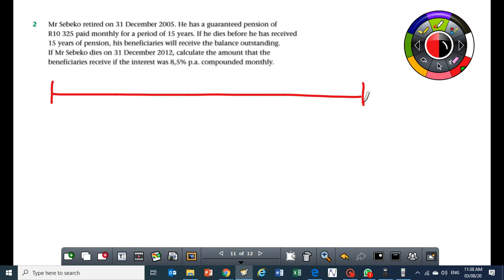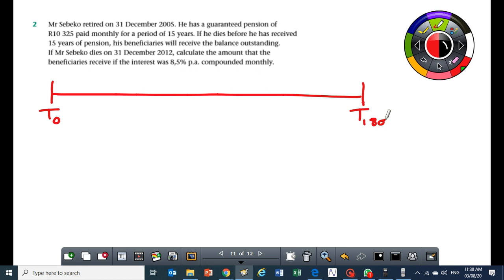So we are talking from T naught. The total duration is 15 times 12, which is 180. That's the total duration in terms of the number of monthly payments. It will be 180 because there are 15 years here. Right? Then suddenly the person died, after 7 years from the retirement date.